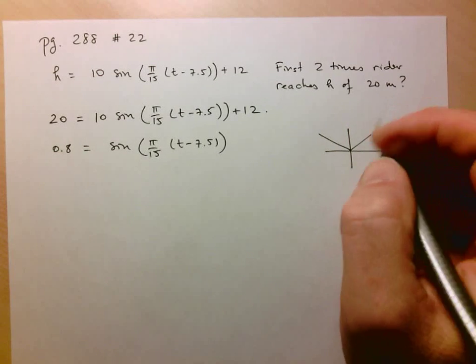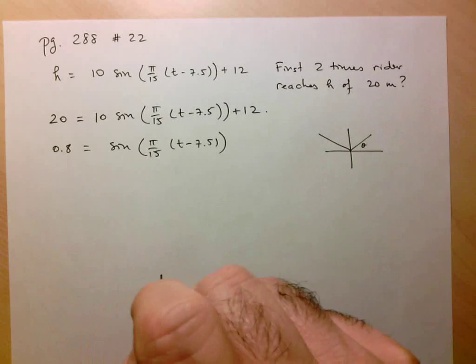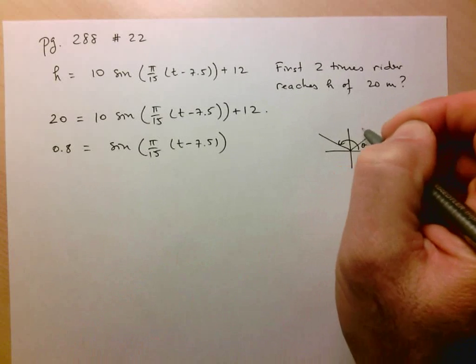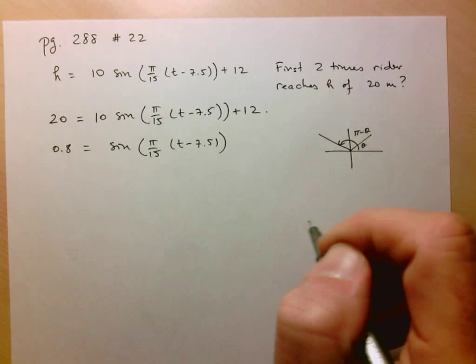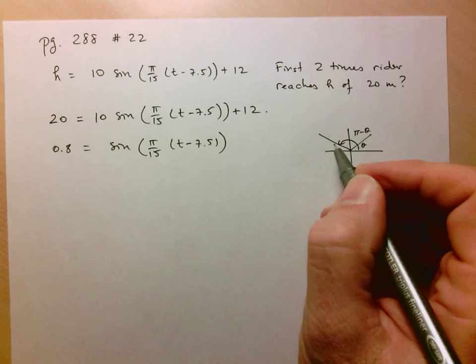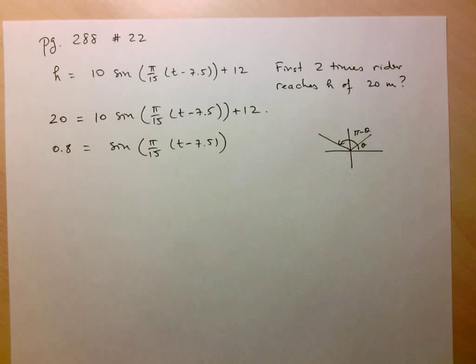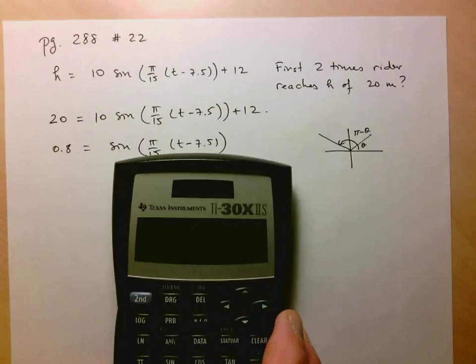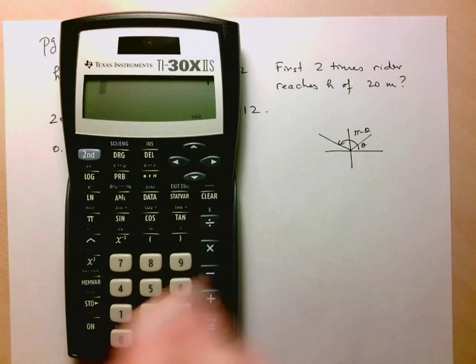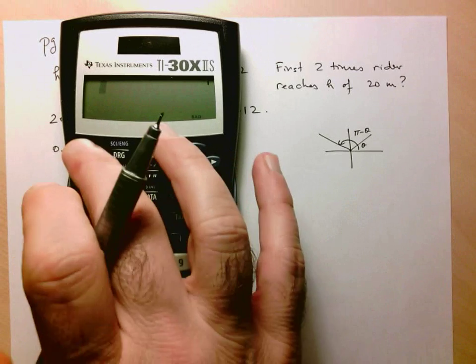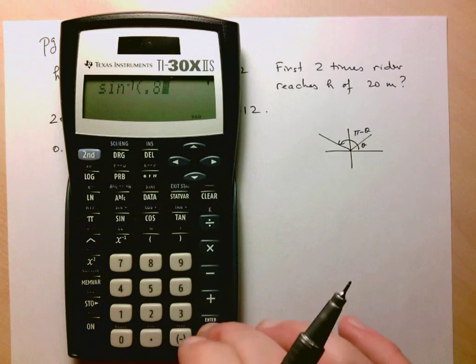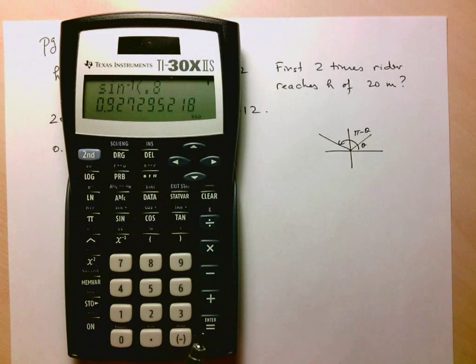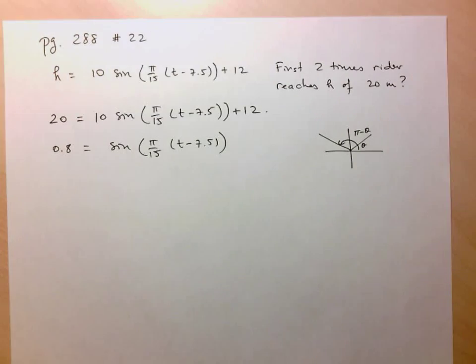And remember that whatever we find here, I'll call it theta, this angle here is pi minus theta, the angle that's going to have the equivalent sine ratio. So let's go ahead and find it. Inverse sine of 0.8 gives me 0.93, we'll say.